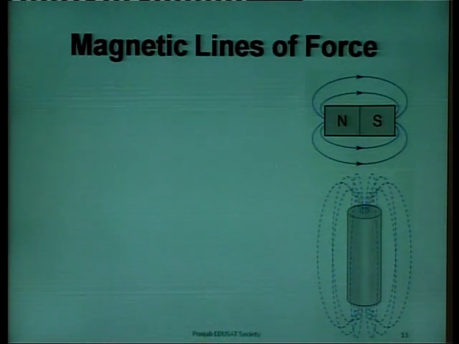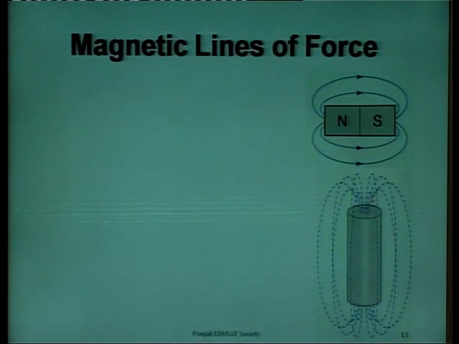Then we have the magnetic lines of force. As we know, the magnet has 2 poles, north and south, and the magnetic lines of force travel from north to south.